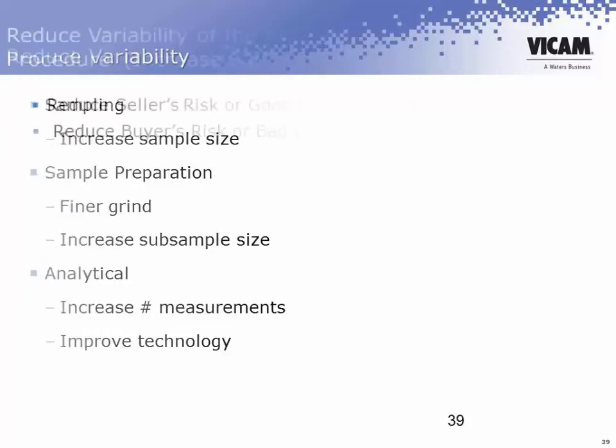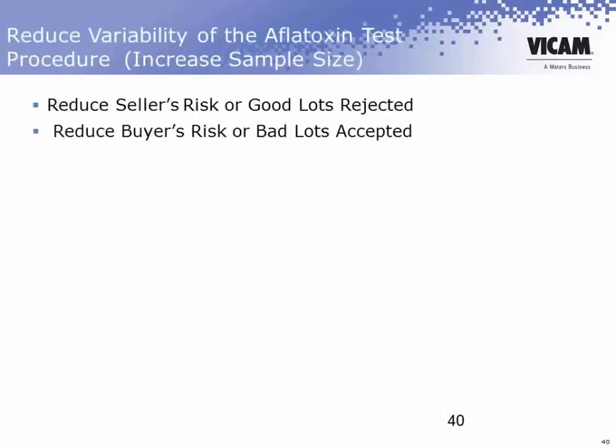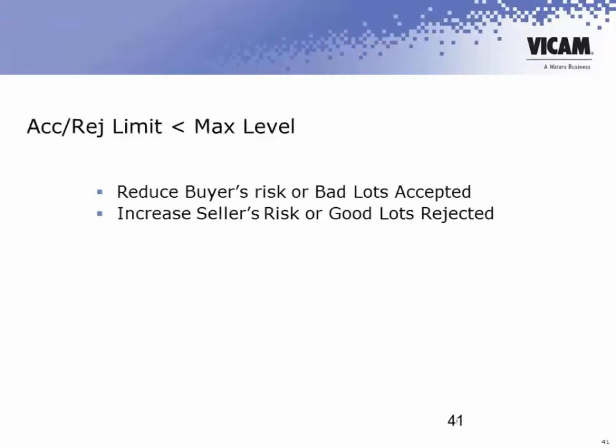So reducing the overall variability of the testing actually benefits both buyers and sellers. It reduces the seller's risk of having good lots rejected, and it reduces the buyer's risk of accepting a bad lot. Another approach that can be taken is to decrease the accept-reject level that's set.